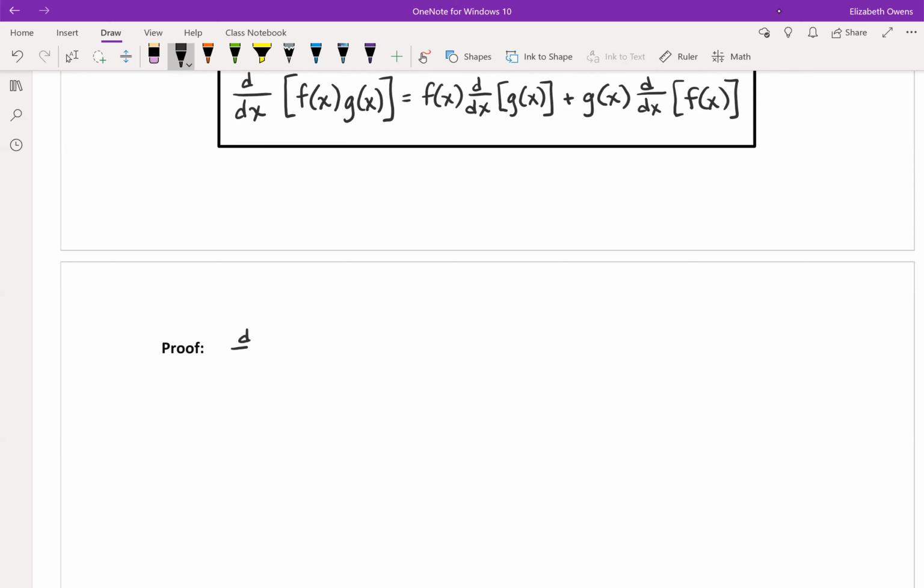Okay, so derivative with respect to x of f of x times g of x. Okay, and just like our other proofs, we've got to go back to the definition of the derivative to investigate this. So that'd be the limit as h approaches 0 of the function with x plus h plugged in there.